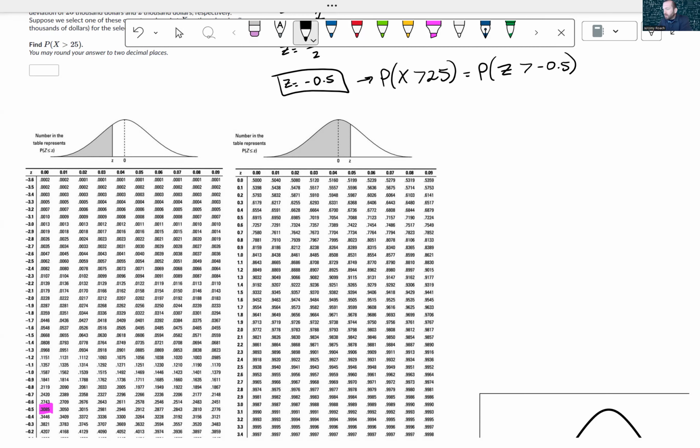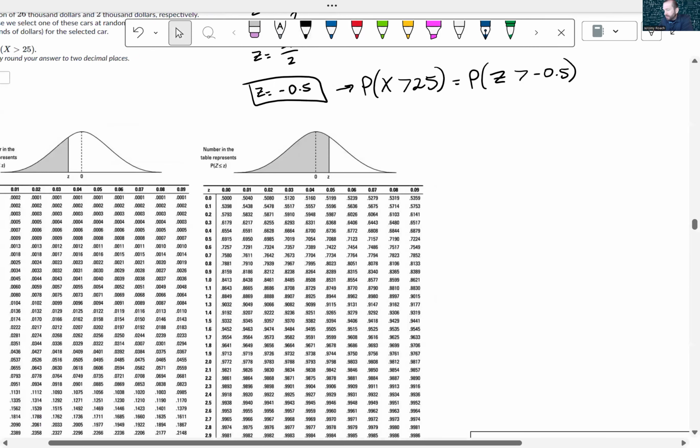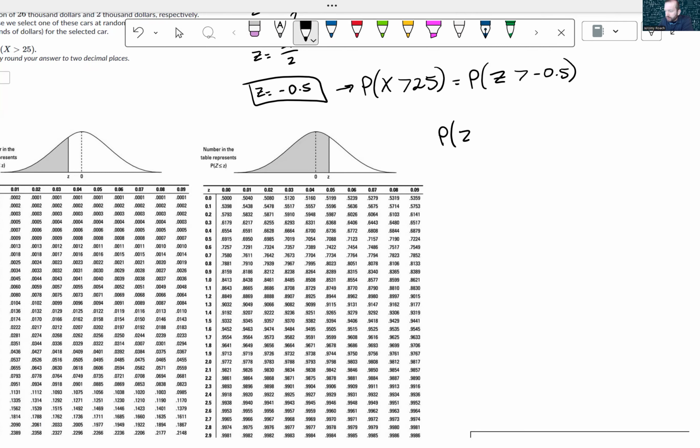Now we don't have the z table for z is greater than negative 0.5. We only have the z table information for z is less than negative 0.5. So we're going to use the complement rule. So the probability that z is greater than negative 0.5 is equal to, by using the complement rule, 1 minus the probability that z is less than negative 0.5.